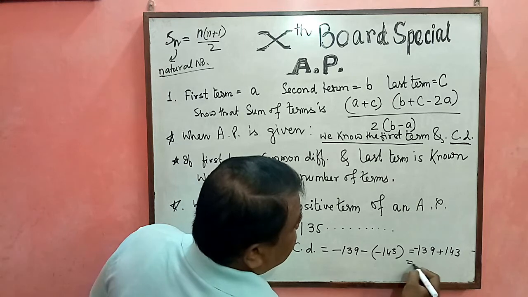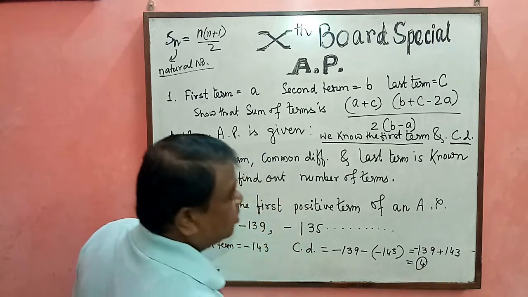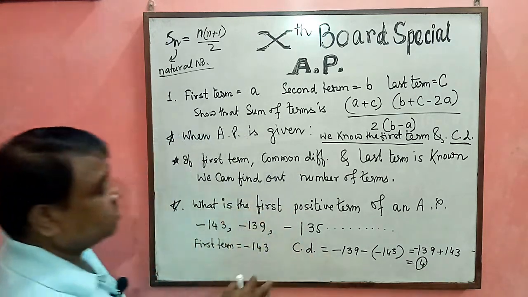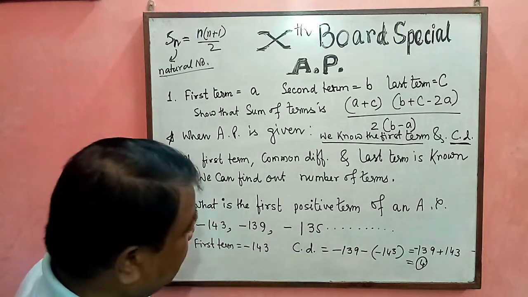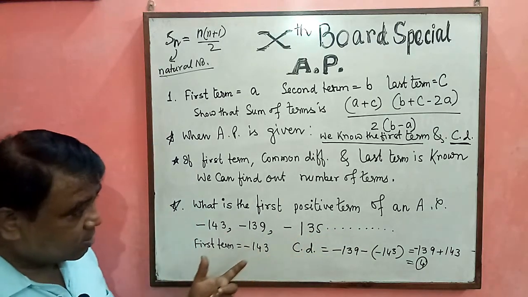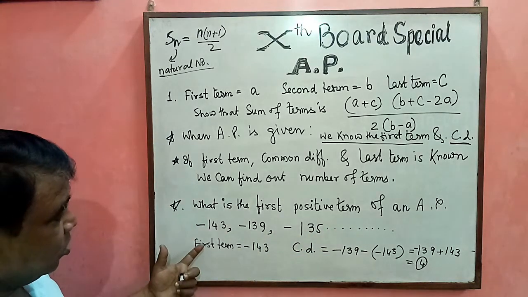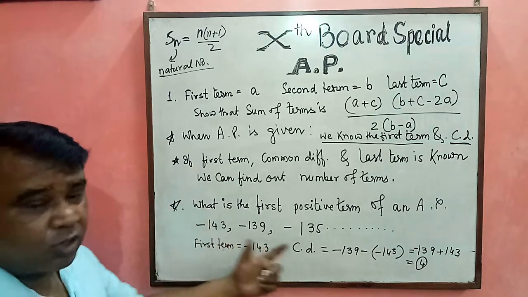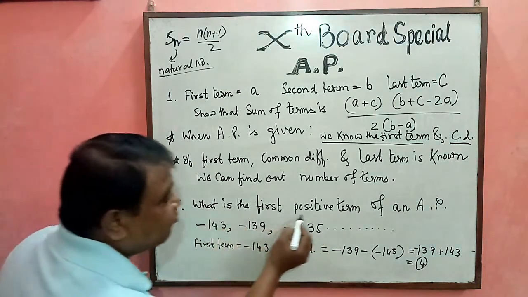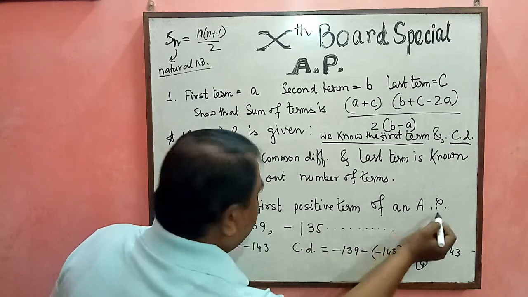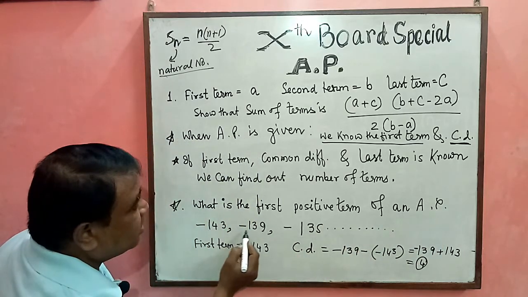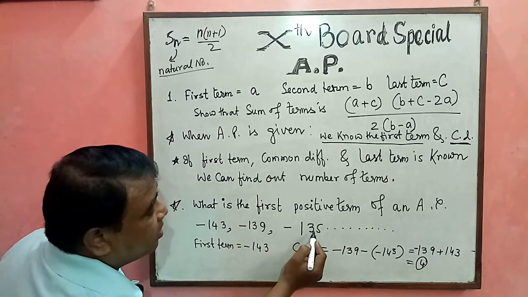This is 4. Positive 4 is the common difference of this AP. Here it is asked, if I follow this question, what is the first positive term of an AP: minus 143, minus 139, minus 135, and so on.